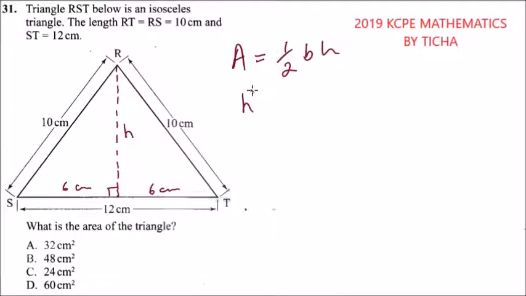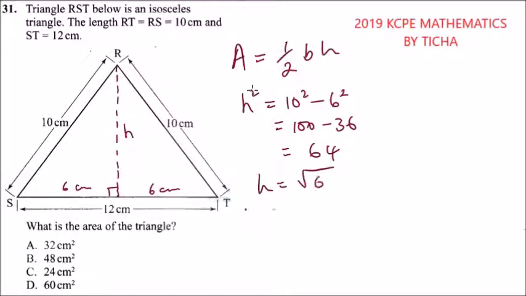So we can say height squared is equal to 10 squared minus 6 squared, which is equal to 100 minus 36, and that will give you 64. So h is equal to the square root of 64, which is equal to 8.